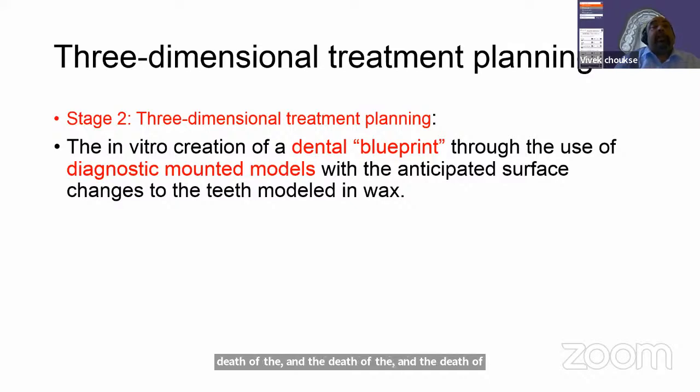So after seeing the macro analysis and micro analysis, we come to the 3-dimensional treatment planning, which is actually the dental blueprint of the result which we are going to achieve. And this can be achieved through diagnostic mounted models.